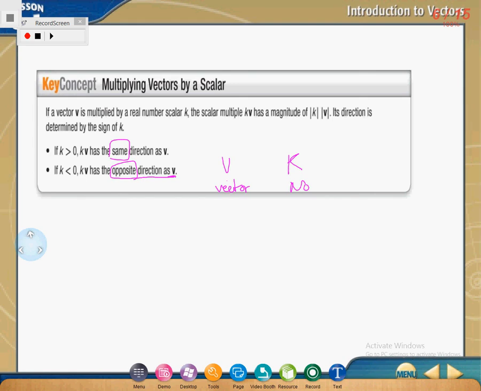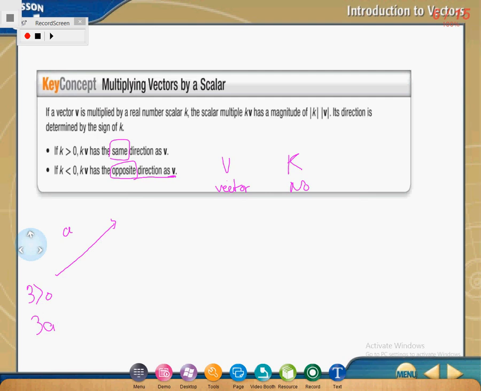For example, if I have A, it's going up, this is a vector, and I want to multiply A with 3. 3 is a k, and you notice that 3 is positive. So I need to find 3A.